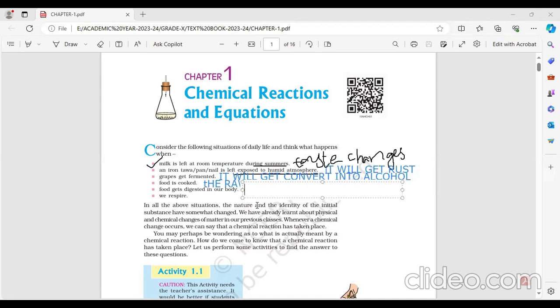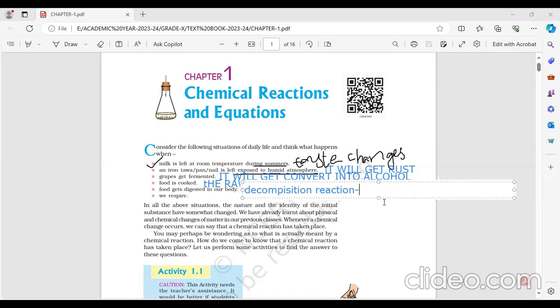What happens when food gets digested? Again, another new substance will form. Actually, this is an example we are going to study in the next topic, types of reactions. This is an example of a decomposition reaction. So you just remember, when food gets digested in our body, it is an example of a decomposition reaction.